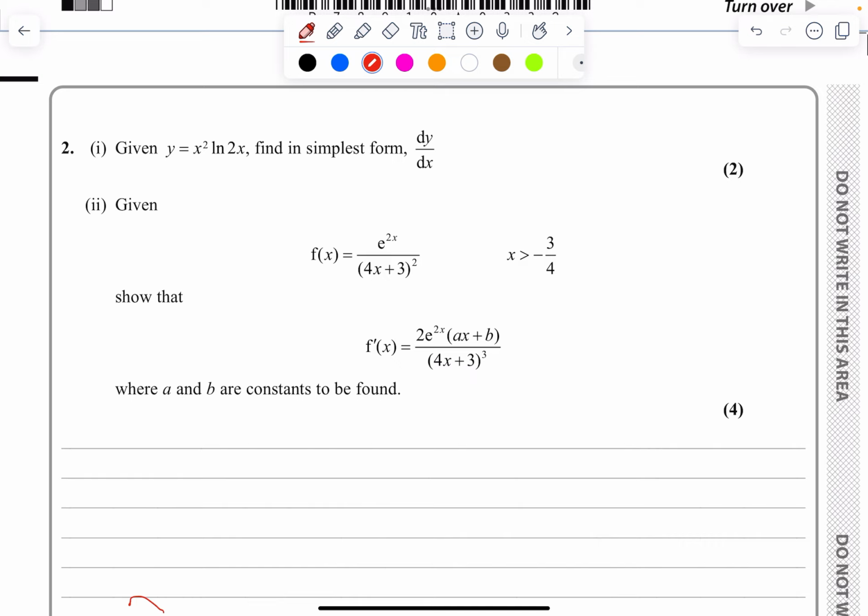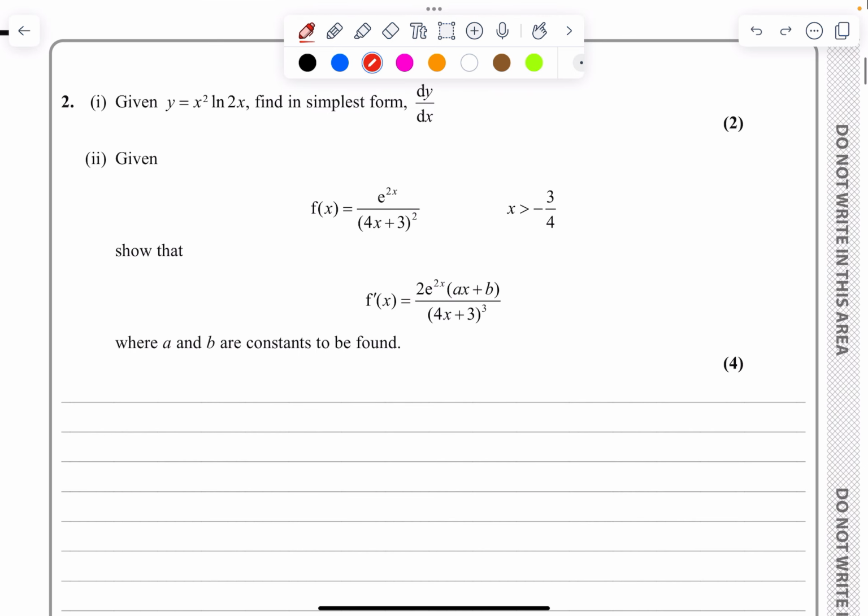Okay, part 2. Given function, find derivative. So we know the product rule. Let me just write the formula. If u and v are functions of x, then the derivative of uv, if they are a product function, will be u'v plus uv'.